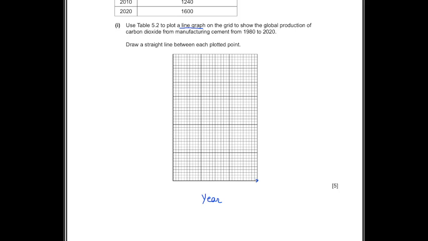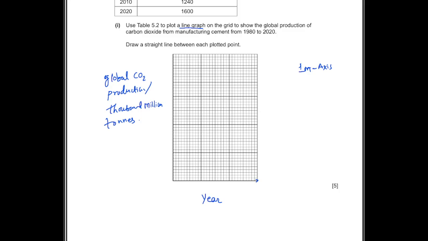So we'll mention here global CO2 production in million tons. This is done. So 1 mark we get for writing the correct axis labels here.